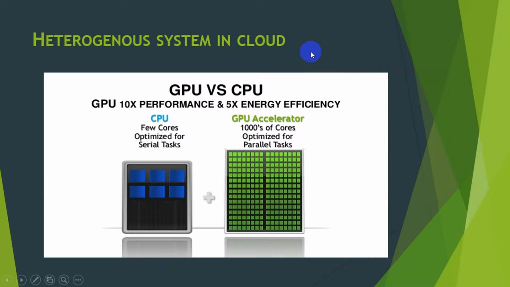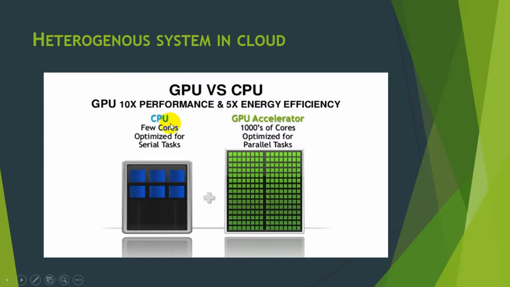Heterogeneous system in cloud computing. As we see, a heterogeneous system has the GPU and CPU. Nowadays they use GPU because the performance of the GPU is 10 times more than the CPU, and the energy efficiency of the GPU is 5 times more than CPU.